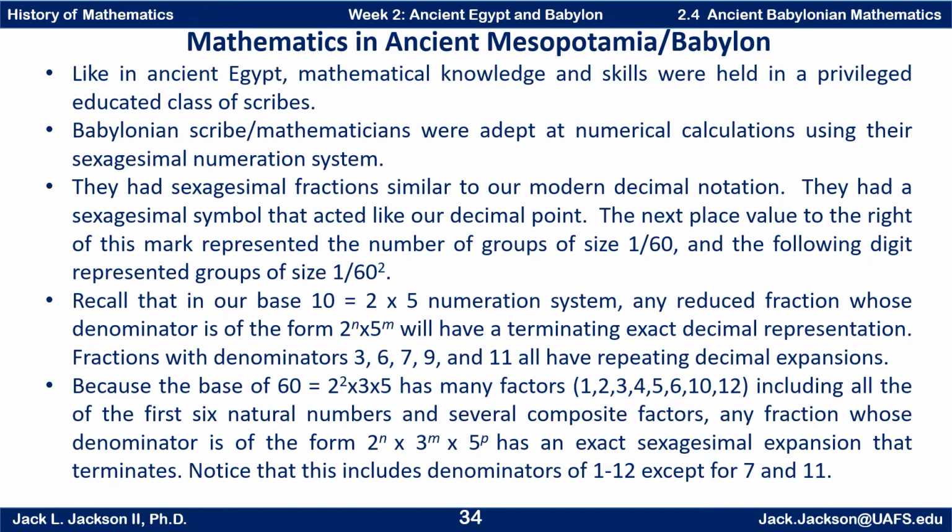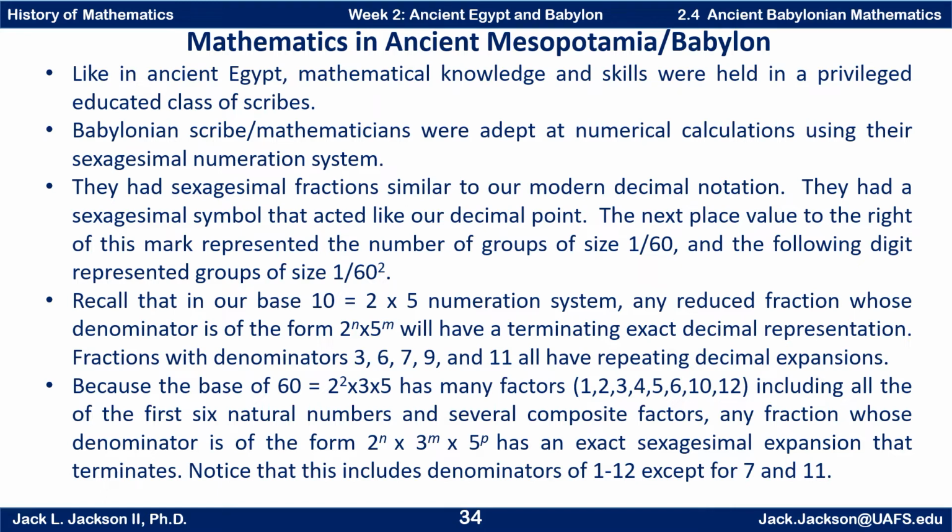As we've already seen in last week's notes, their Babylonian numerals had representations for base 60 numbers. For natural numbers, they had a ones place, a 60s place, a 60 squared place, a 60 cubed place, and so forth, just like what we have, except base 60.